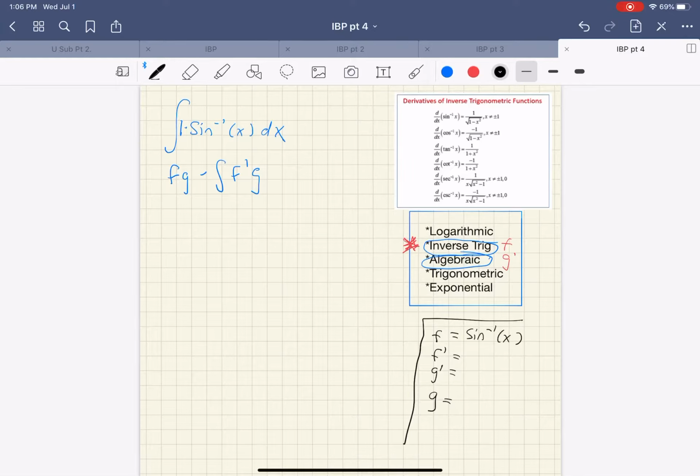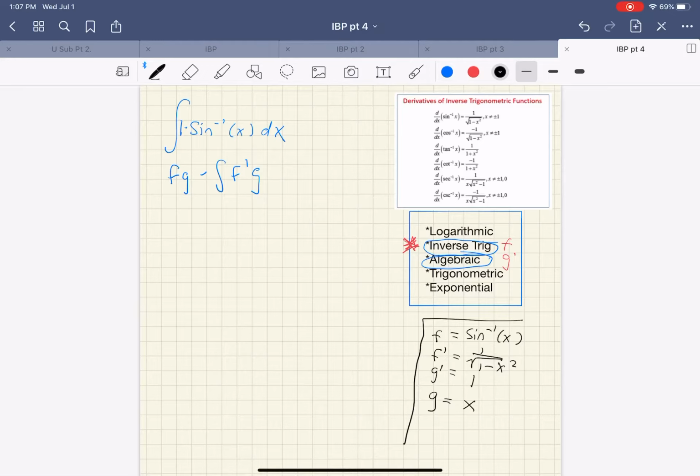I put this little table right here because these are going to be ones that you kind of want to remember, because you don't just want to go back and derive everything during an exam. So it would become pretty useful. So the derivative of arc sine of x is going to be 1 over the square root of 1 minus x squared. And then g prime is just 1. And then the integral of that will just be x.